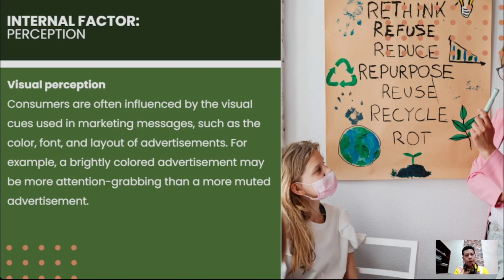So that's the reason why, if you want to advertise, you have to understand what colors may attract your customers, what certain fonts or designs may catch their attention, or what message you are going to put on a billboard so that your customers will be intrigued about what your product is. So it is a matter of how you deliver the message with the right design and colors that accompany it.